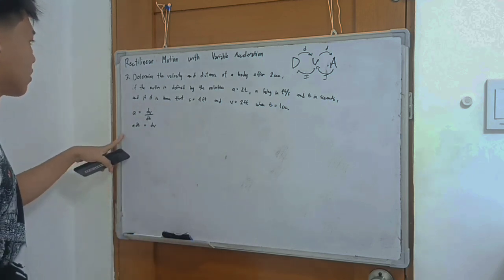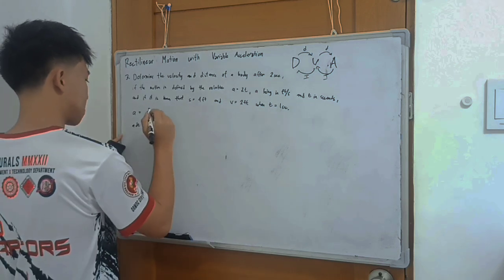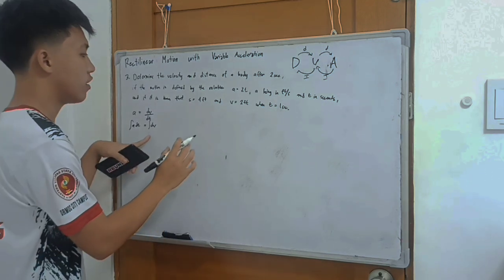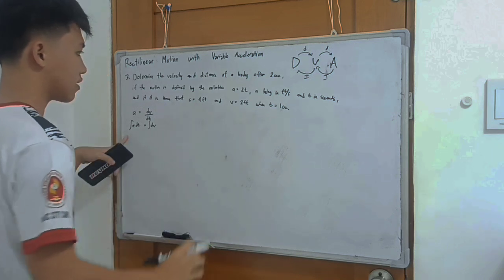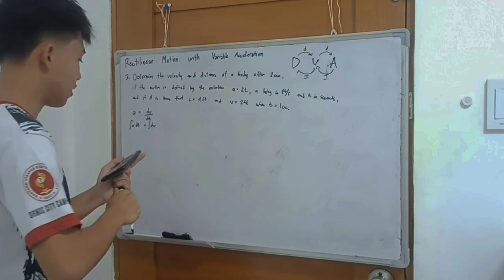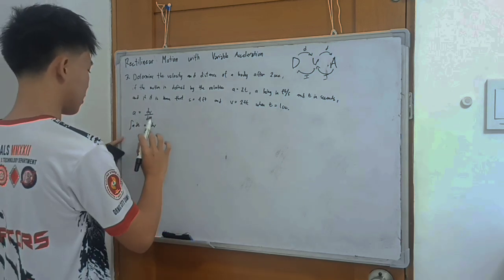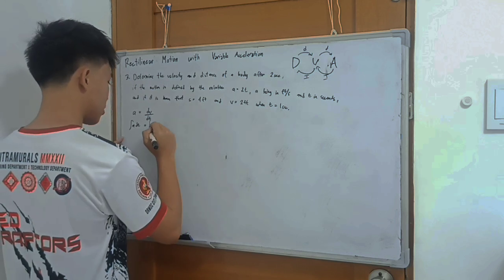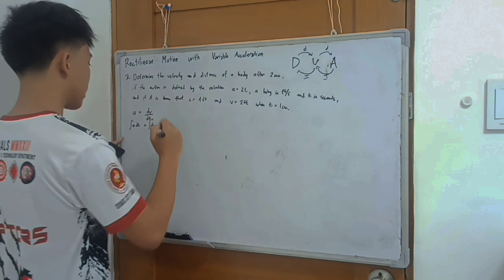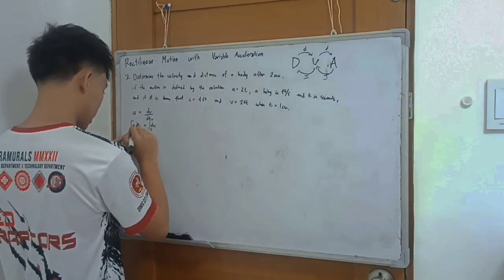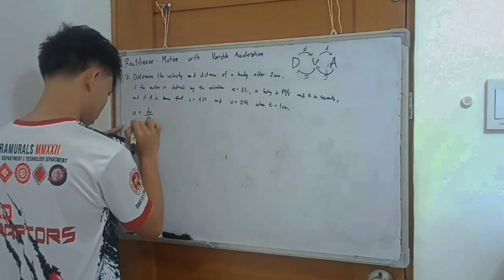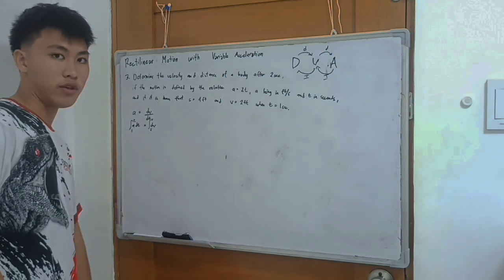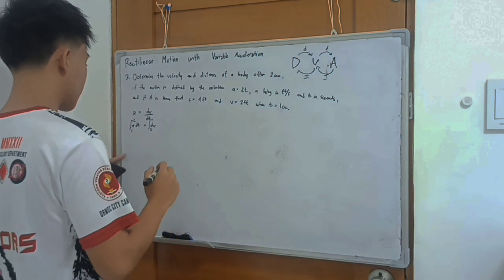We need to integrate it, and we have the limits of the velocity and the time. The initial velocity is 2, the final velocity is v. The initial time is 1, the final time is t. We all know how to integrate, so let's integrate it.